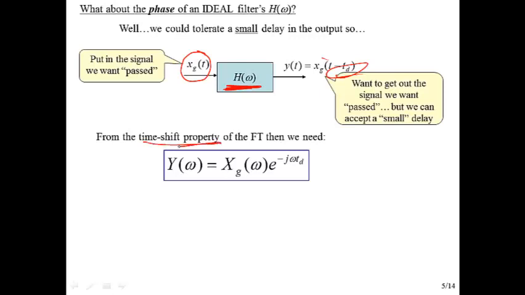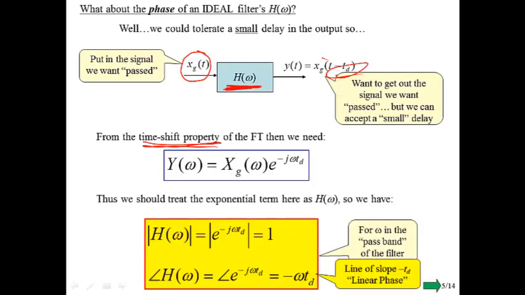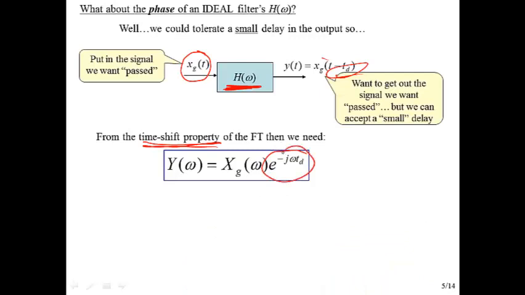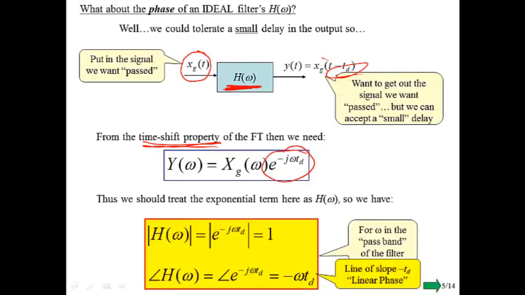And from the time shift property, we know that this delay corresponds to multiplication by e to the minus j omega T sub D, where T sub D is the amount of delay. And so now if we look at what effect that has, well, it doesn't change the magnitude response at all. So in the pass band, the magnitude of this is equal to 1.